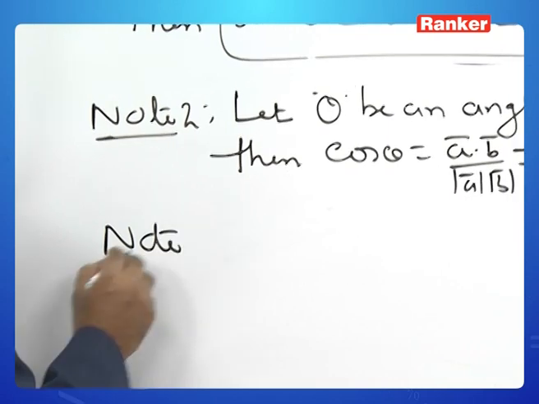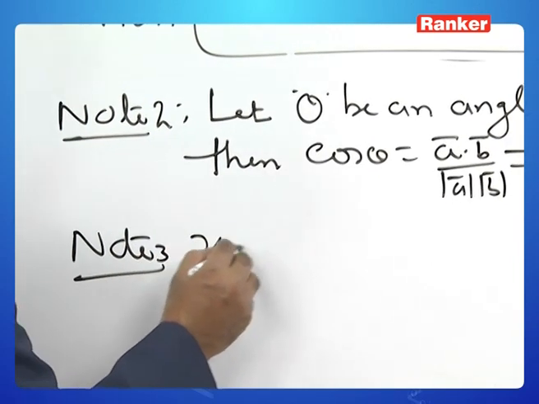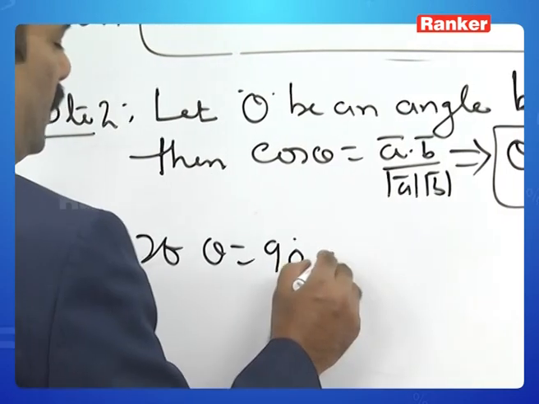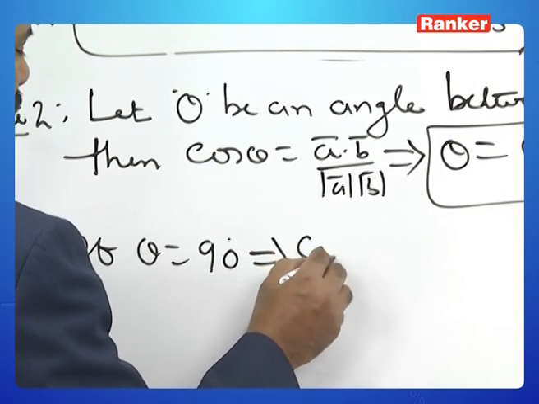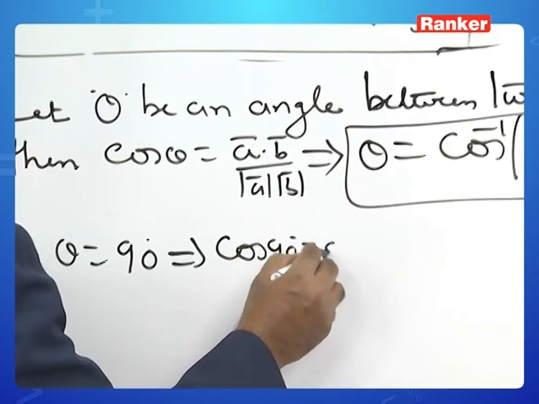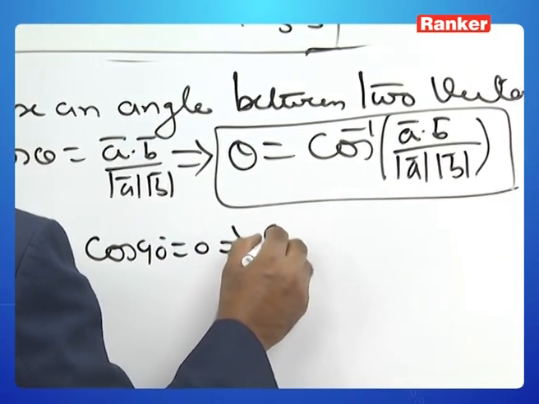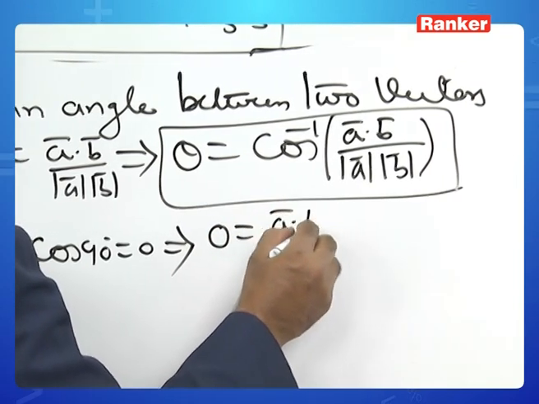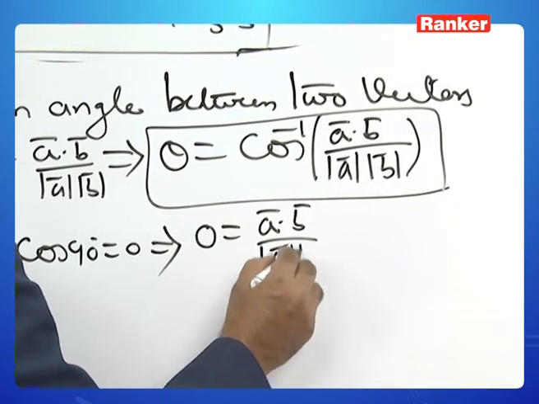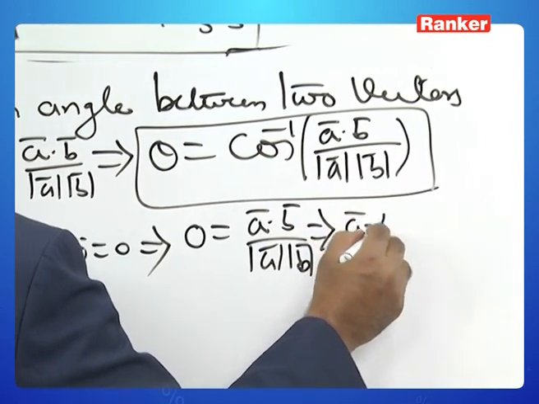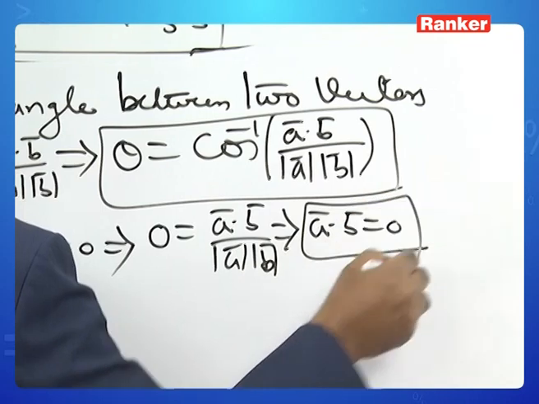note 3. If theta is equal to 90, then cos 90 is equal to 0, which implies 0 is equal to A dot B by modulus of A into modulus of B, which implies A dot B is equal to 0.